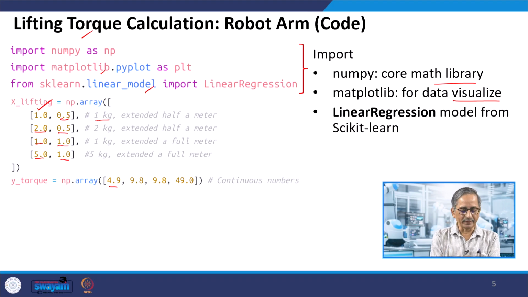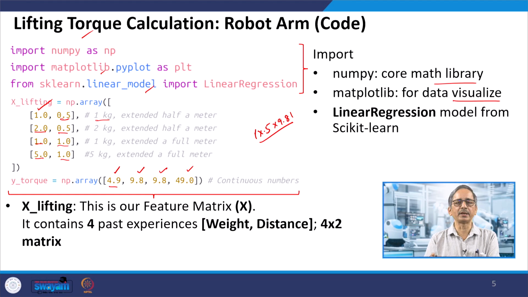So 1 into 0.5 into 9.81 gives a torque value of 4.9 for the first one. For the second case, you have 9.8, for the third case again 9.8, and for the fourth case it is 49. Since they are synthetic data, they may not be very precise.